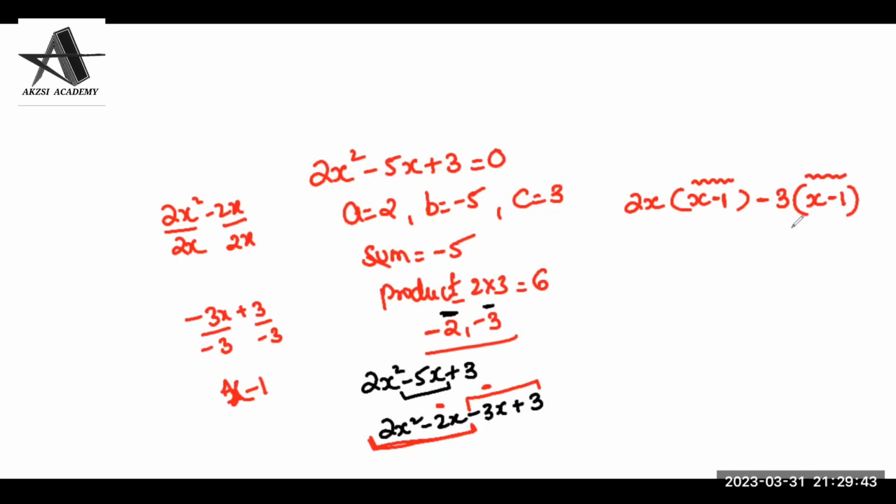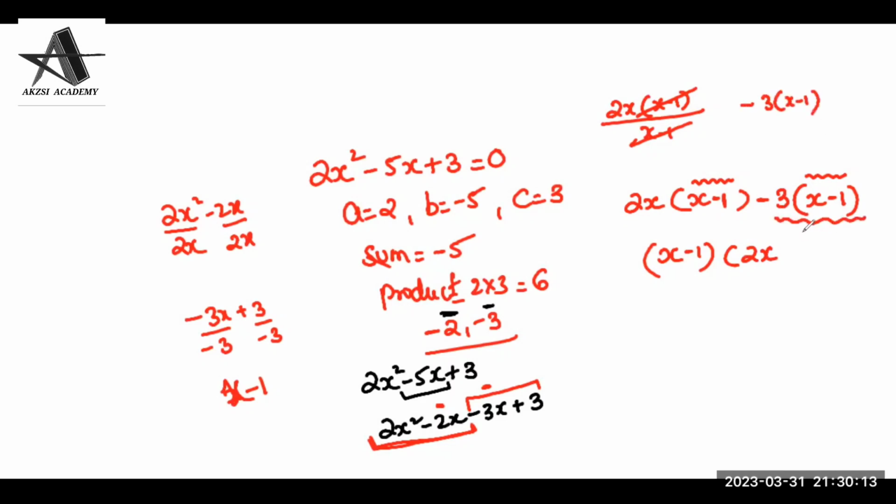The two brackets have to be the same. So from here, I can take out x minus 1 as common. Whatever we take out as common, we need to divide by it. Since x minus 1 we have taken out as common, remaining is 2x from the first term, and minus 3 from the second.